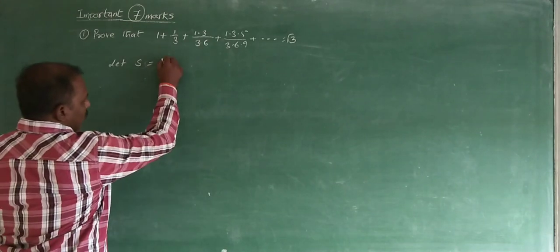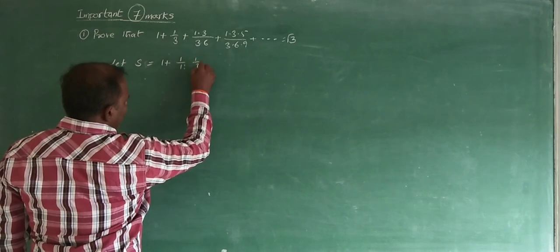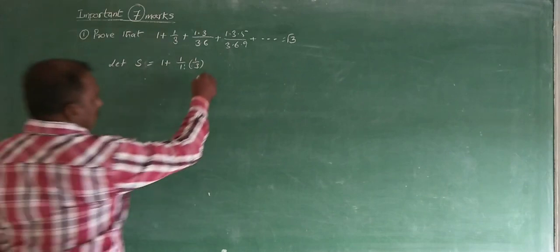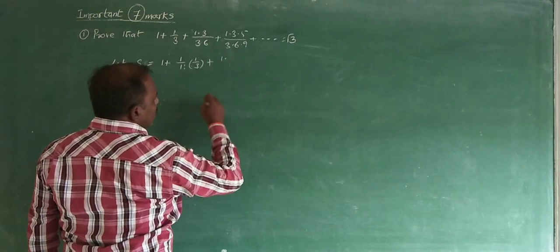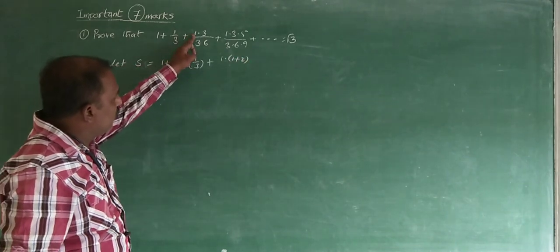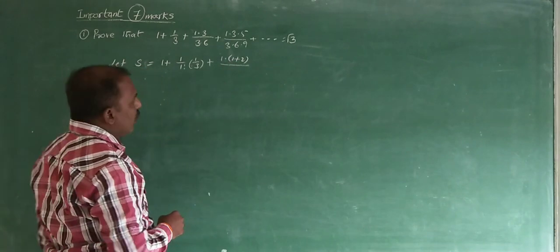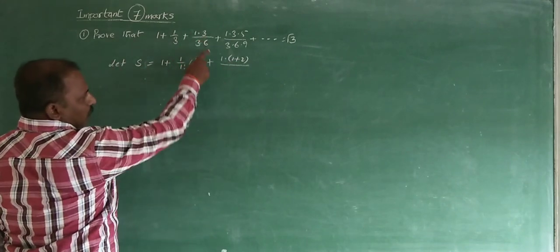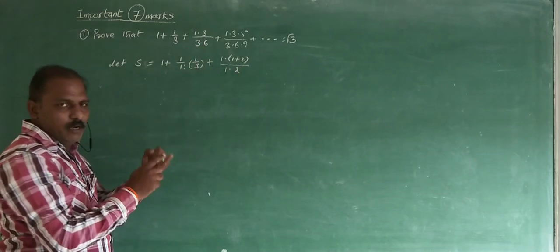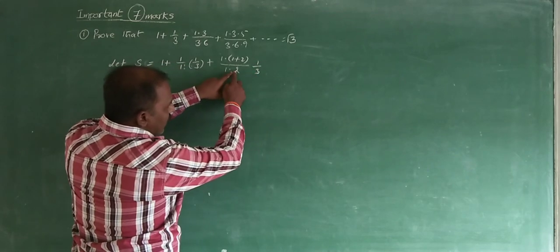S is equal to 1 plus, I take 1 by 1 factorial into 1 by 3. Next step, 1 into 1 plus 2 by 3 can be written as 3 into 1, 3 into 2. I write 3 here, and then 3 into 2.